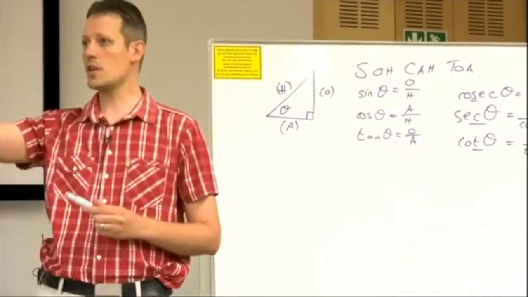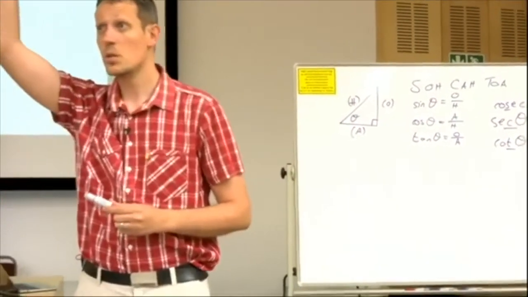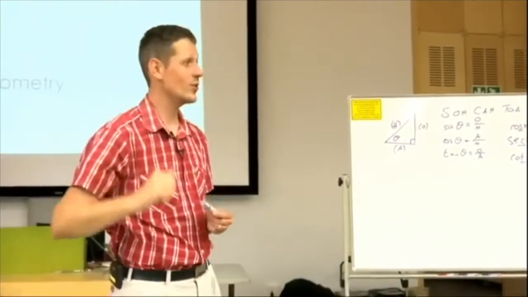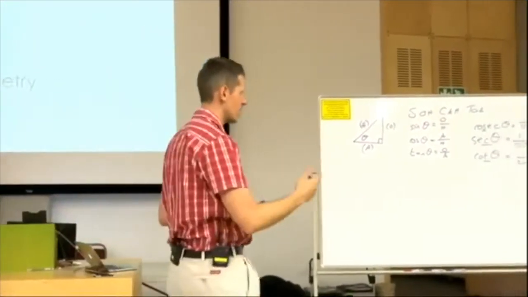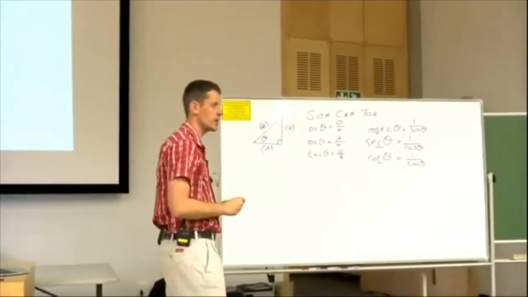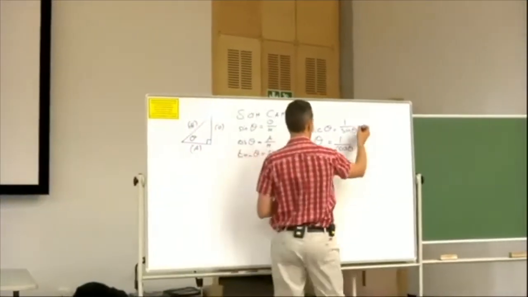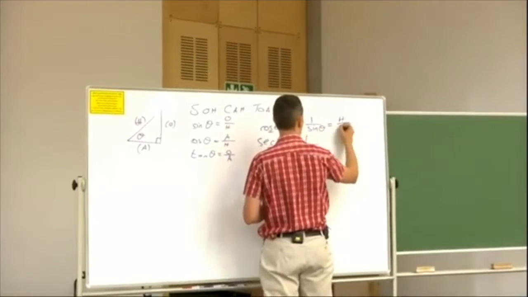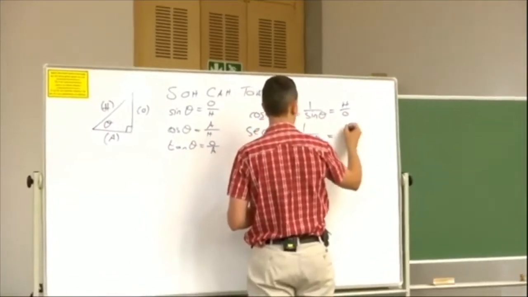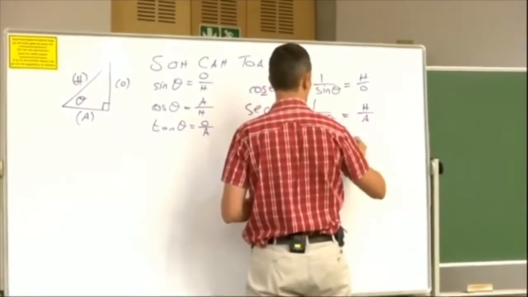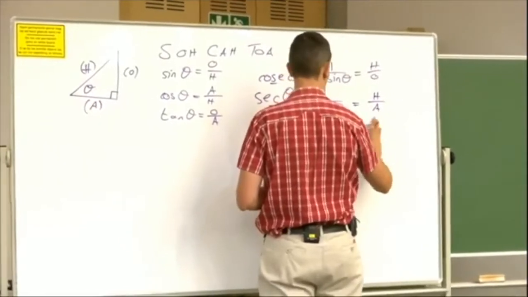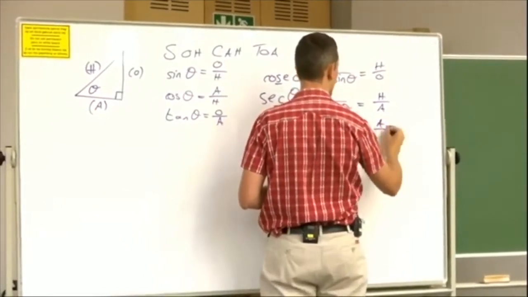For those of you that are doing AP Maths, this is part of your curriculum. Sec, cosec, and cot must be part of your curriculum. So this means that cosec is h over o, sec is h over a, and cot is a over o.